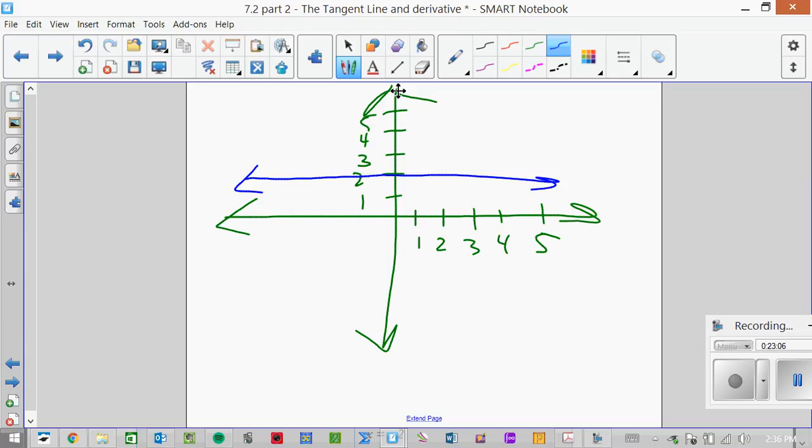Horizontal lines are always y equals. If your tangent line has a slope of 0, your equation will be y equals something.